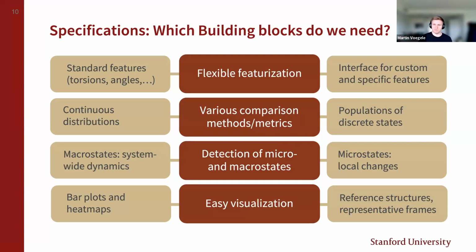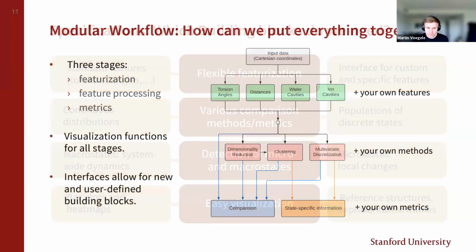And we also distinguish between those. And also, at all of these stages, we want easy visualization tools where you can visualize either individual residues or get an overview of the overall dynamic of the system.